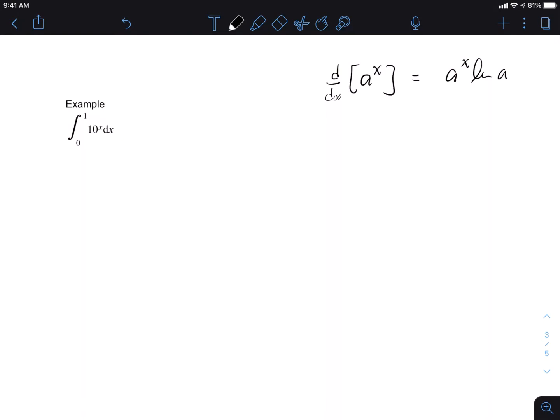Okay, so in order to be able to get the integral of this thing, notice in the derivative, the ln is a coefficient, correct? In the integral, it's going to be in the denominator. So it's going to be a to the x over ln of a. Now, I'm going to explain it to you guys so you can understand it, okay?